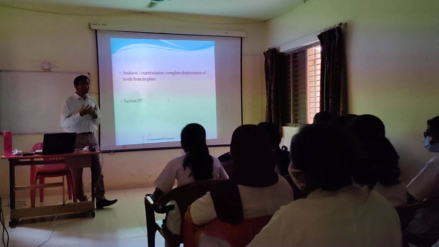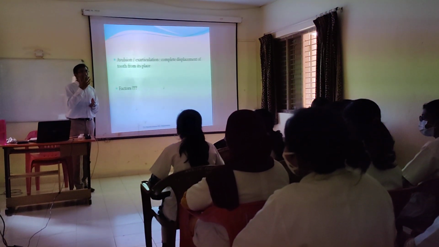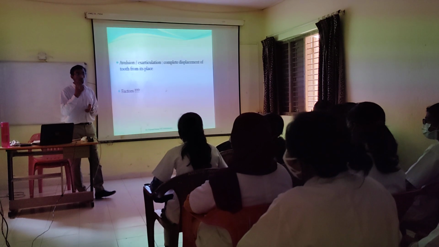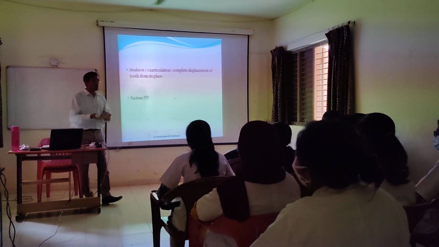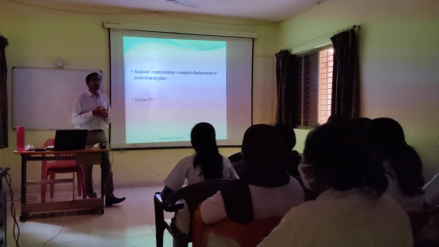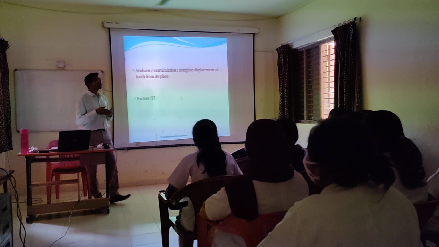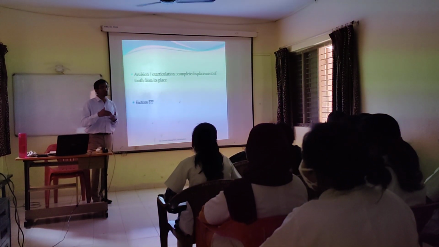When you have an object like a ball, for example he is playing cricket and it comes and hits his mouth, the cushioning effect of the ball, when transferred to the tooth, may make the whole tooth pop out. You understand what I am saying? The impacting object is also important. A hard object may cause a fracture of a tooth.